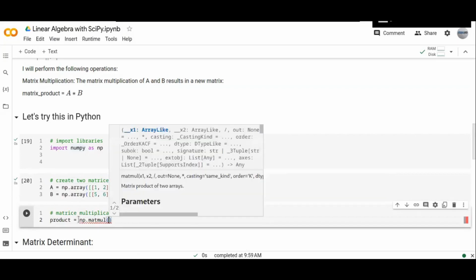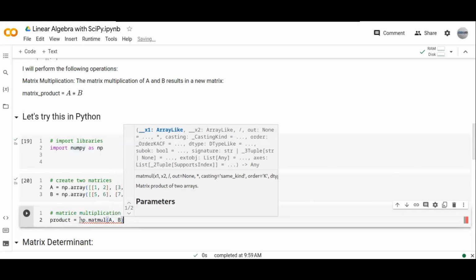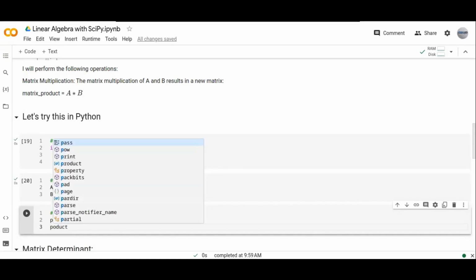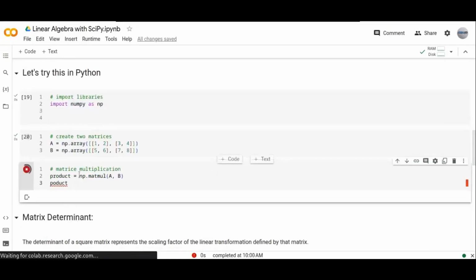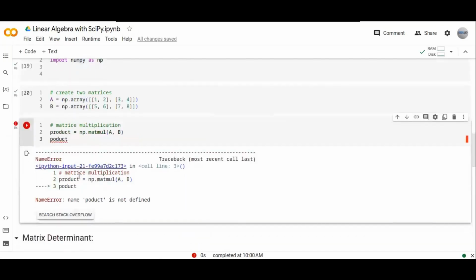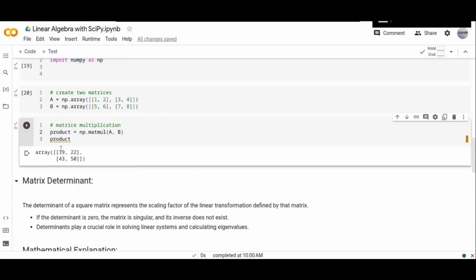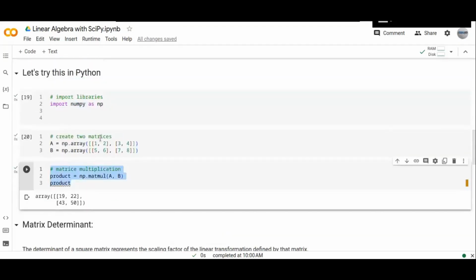This is a very important function that NumPy provides to multiply two matrices, A and B. Now let's see the product of the two matrices. Oh, that's my mistake. Okay, that's the correct one. Yeah, the product of the two matrices is another matrix. This is called matrix multiplication. So we can perform matrix multiplication with Python.